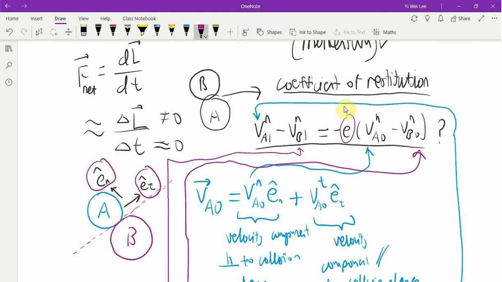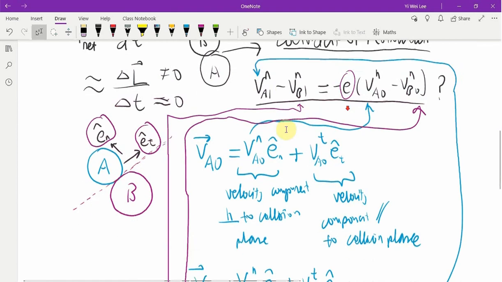If you use et in this direction to calculate VA0, you must also use et in this direction to calculate VB0, VB1, or VA1. Same thing goes for en. In other words, the unit vectors in the directions perpendicular and parallel to the collision plane must be consistent throughout your solving of the question.